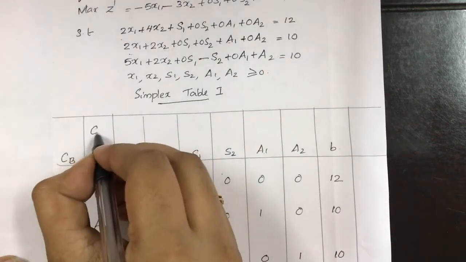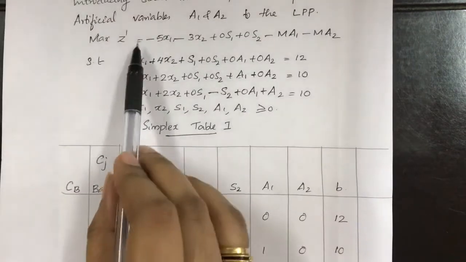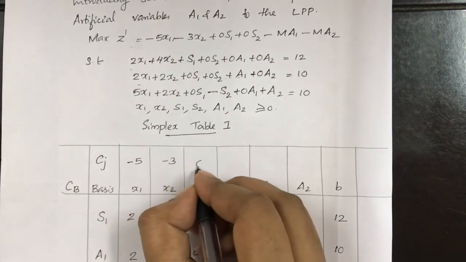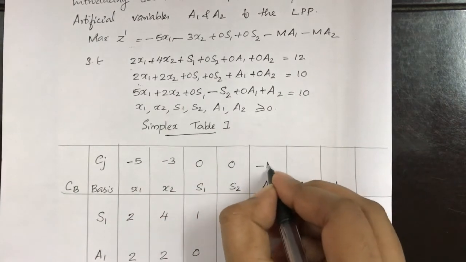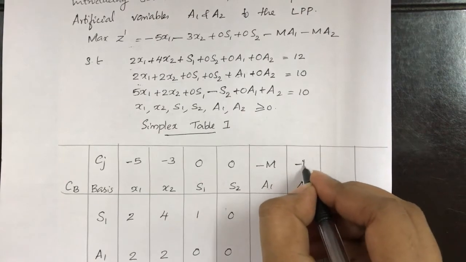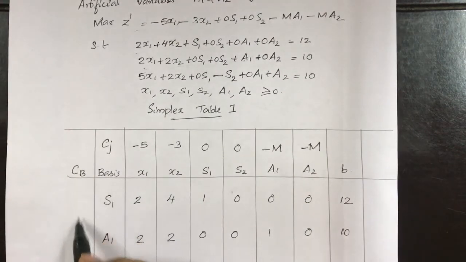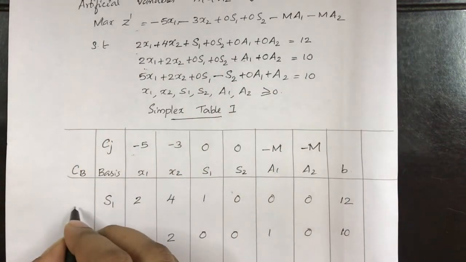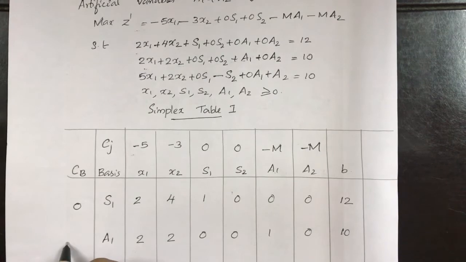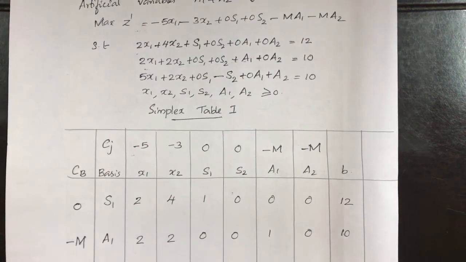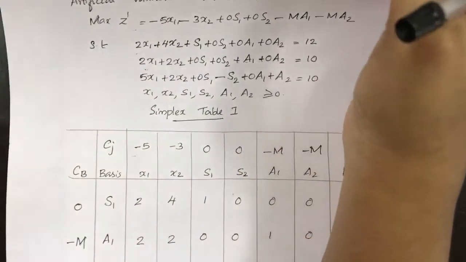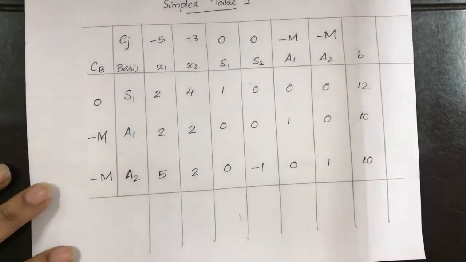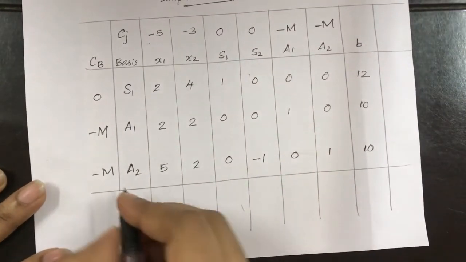Then the Cj values are obtained from the objective function: minus 5, minus 3, 0, 0, minus M and minus M. Cost of base is also from the objective function itself. S1 cost is 0, for a1 minus M, for a2 minus M. Okay. So we are going to find another set of values known as Zj values.